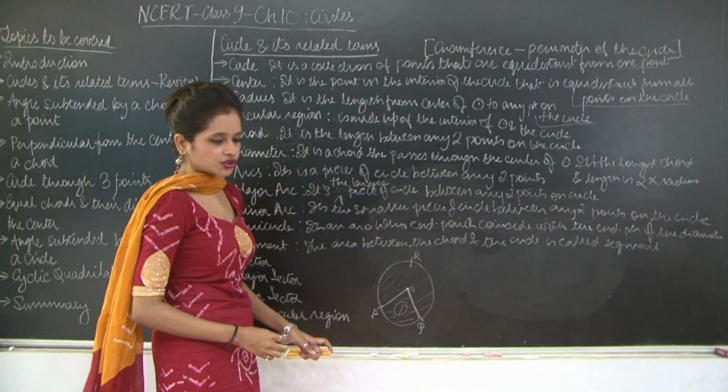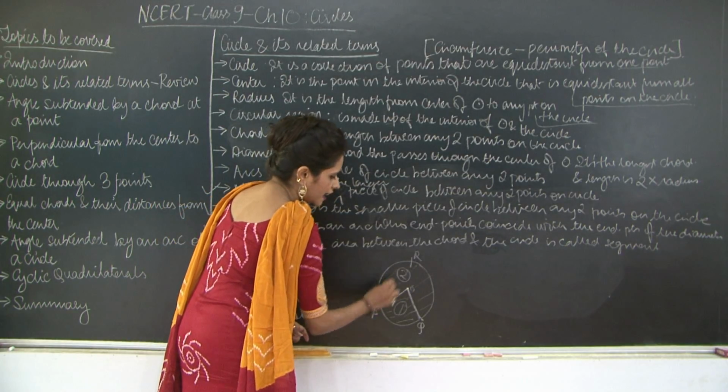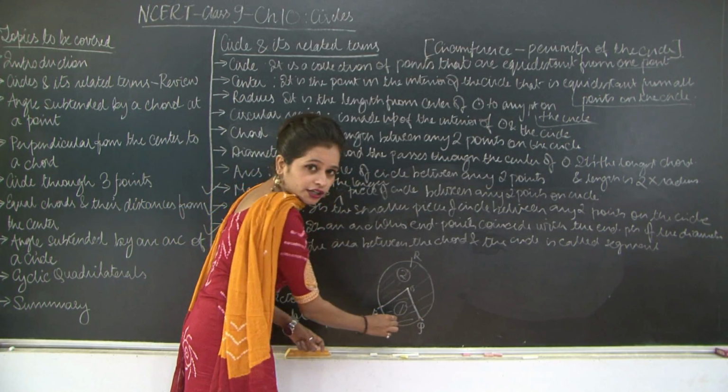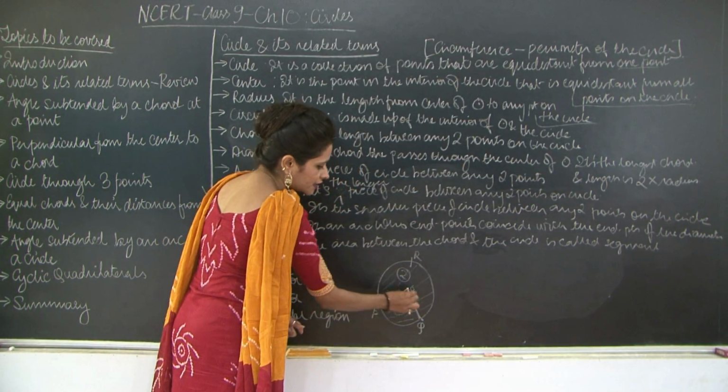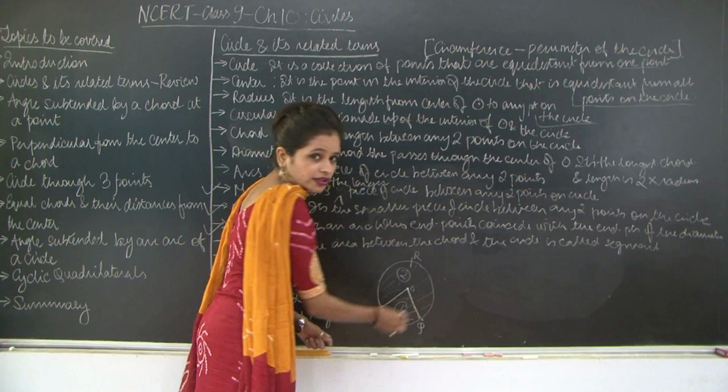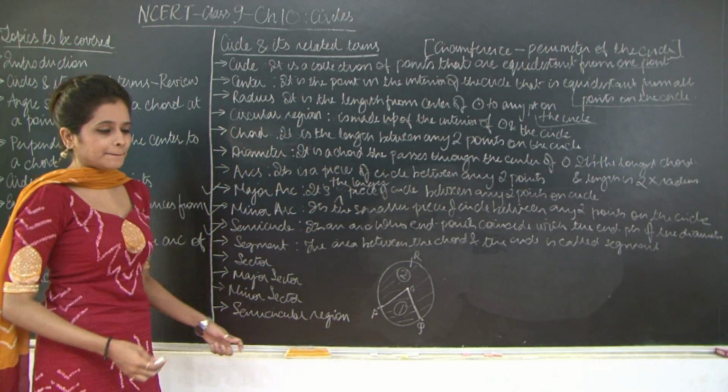So I get two regions, right? One is this larger region and one is this smaller region. Each of these regions is known as a sector. The smaller region is called the minor sector and the larger region is known as the major sector.